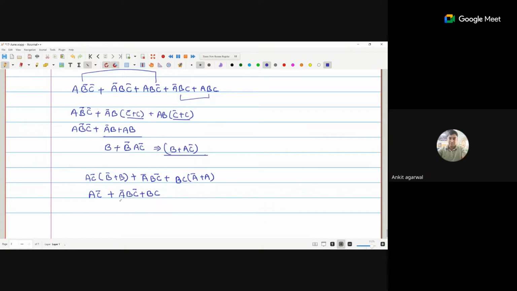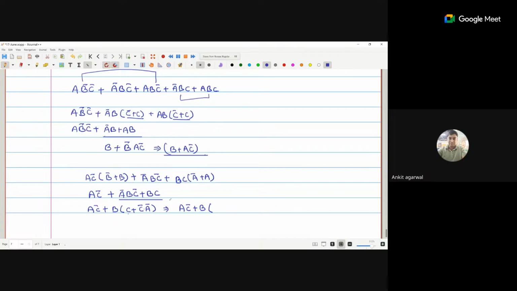Okay. Now I am taking B as a common. So A C bar plus, if I am taking B as a common, remaining is C plus C bar A bar. Apply the distributive law. AC bar plus B as a common.